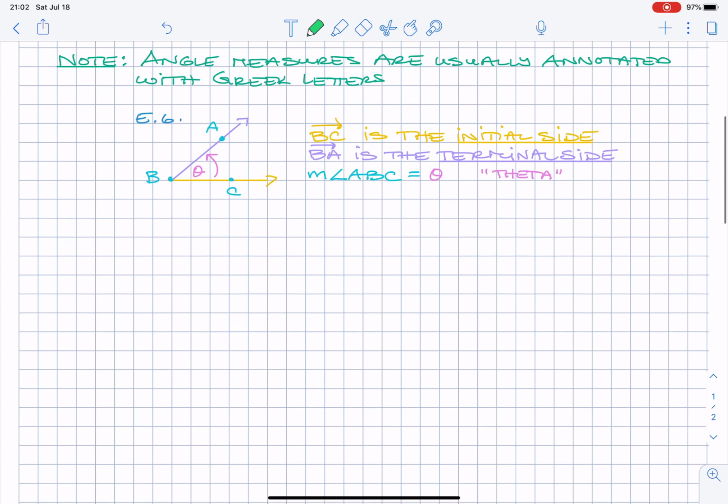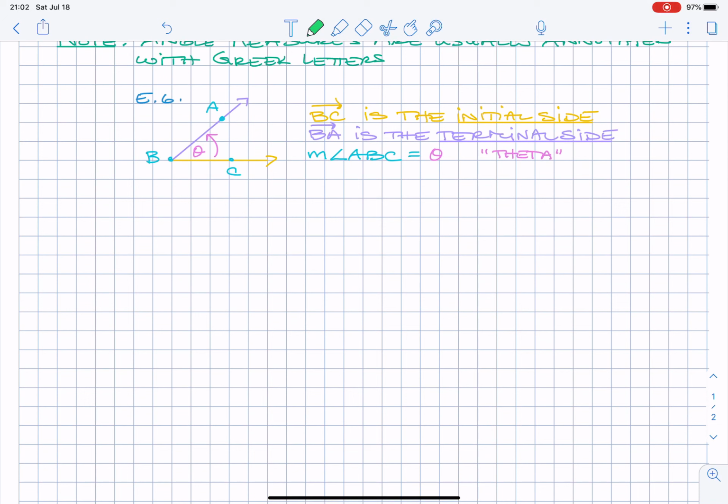You'll notice that the arrow for theta is going in the counterclockwise direction.